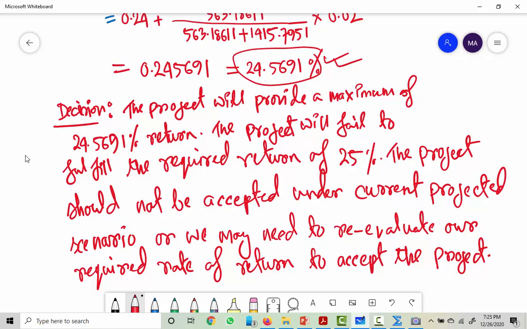So the project will provide a maximum of 24.5691% return. At present it is failing to fulfill our required rate of return of 25%.